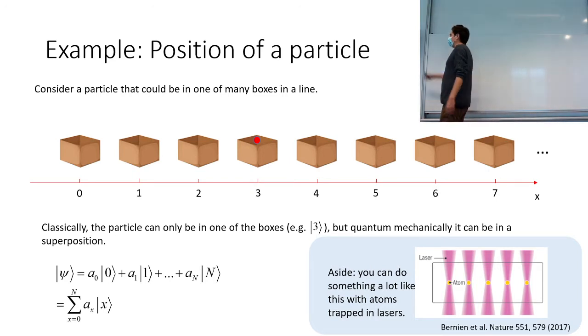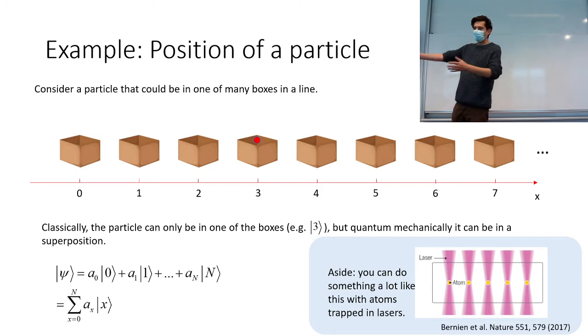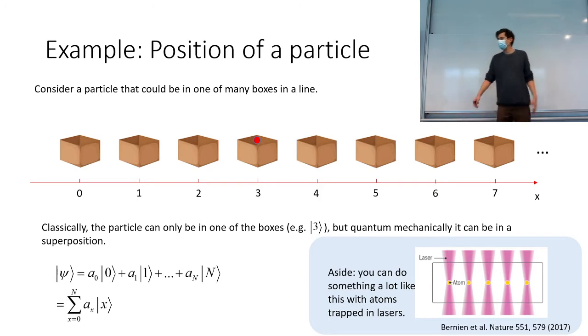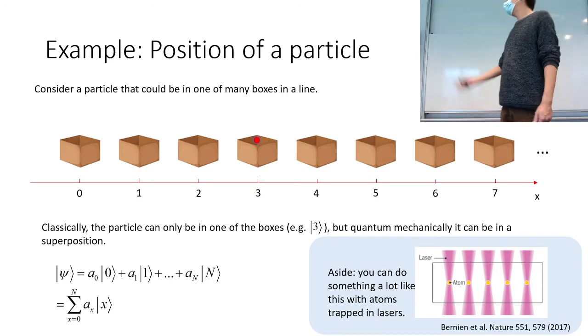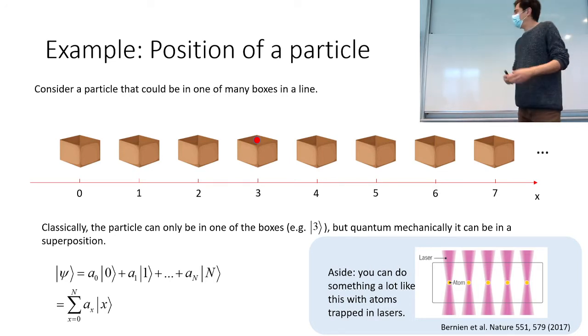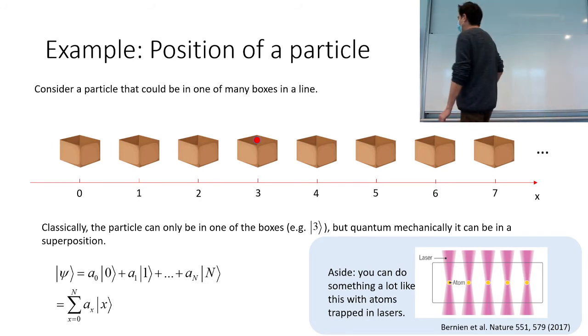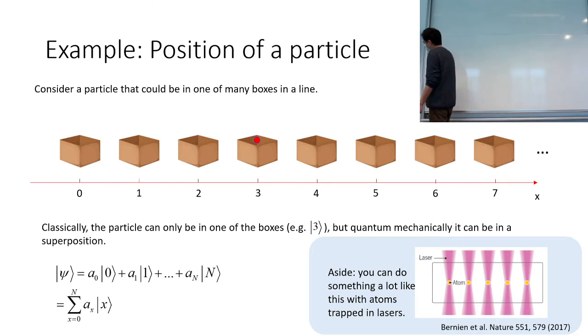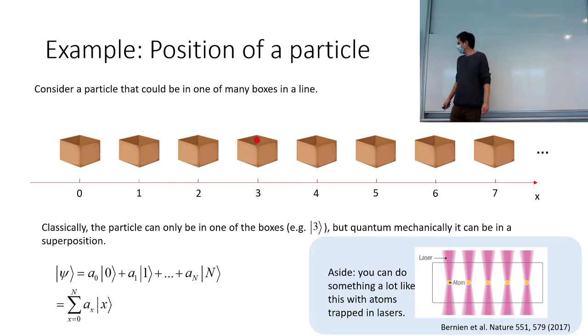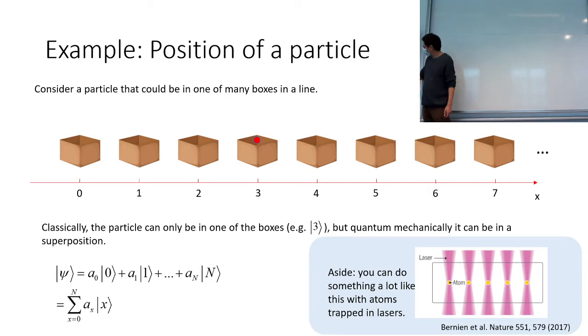Okay. Now, if we did this in this room, this would be really hard to do actually because, I won't go into it so much, but basically such quantum states are really fragile and they break easily. But you can do it with smaller systems, and so here is something that's a lot like this example.